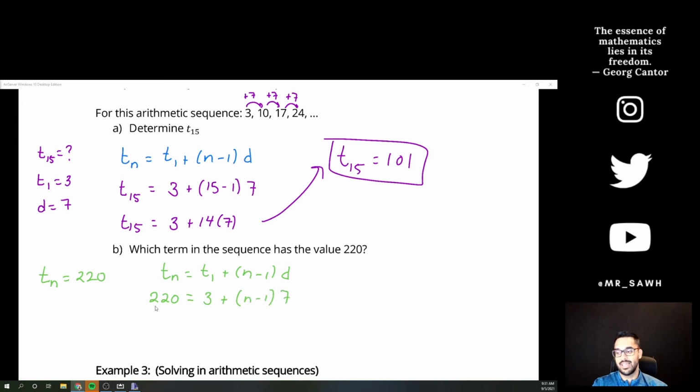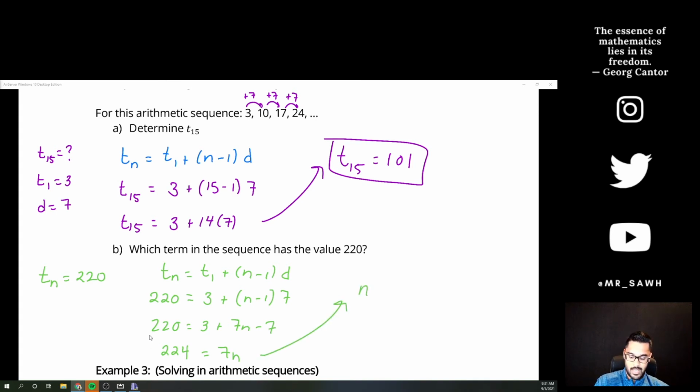Common difference still 7. Now I've got a pretty straightforward equation to deal with. So the 220 is going to stay, there's my 3, and this is equal to, let's distribute the 7 into the brackets, so 7n minus 7. Collect all your like terms, and you'll end up with 224 being equal to 7n. Very easily now, divide both sides by 7.